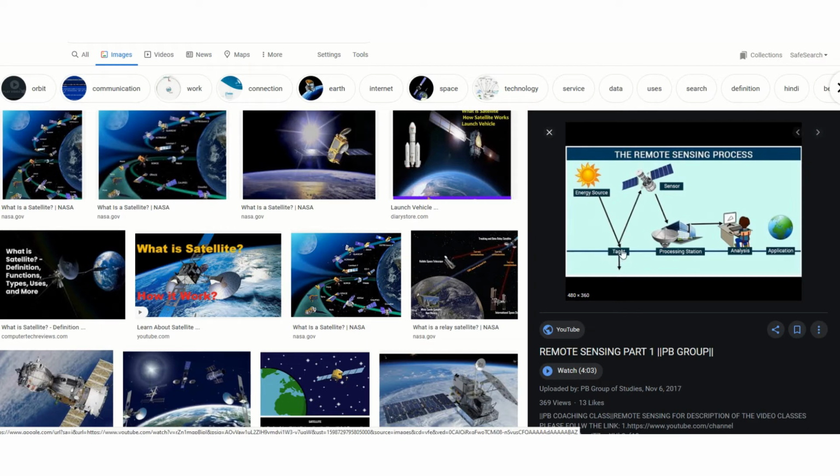Now suppose this is a particular area of the rainforest, and information is being collected from this area. The satellite is taking pictures or images from this targeted area, and that image is going to be stored in the control system.